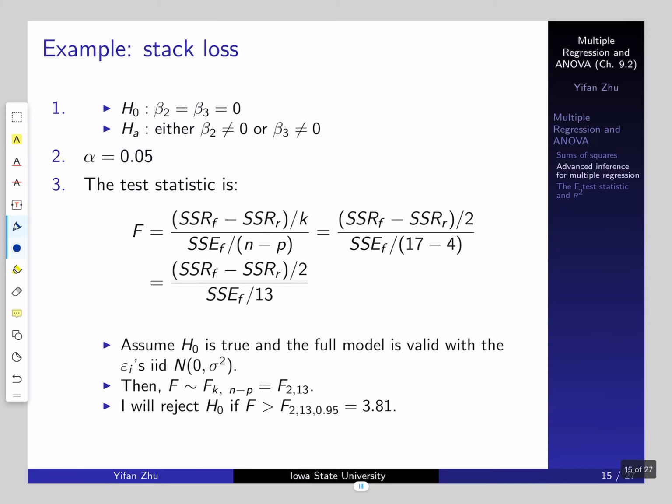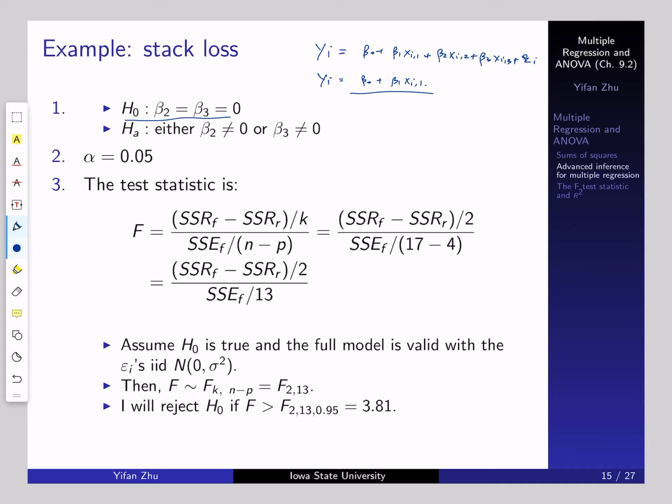Okay, so for the stack loss example, remember that the full model has three predictors. The null hypothesis says that beta 2 and beta 3 are 0. So that means y_i is equal to beta naught plus beta 1 x_i1, so only one predictor in the reduced model.